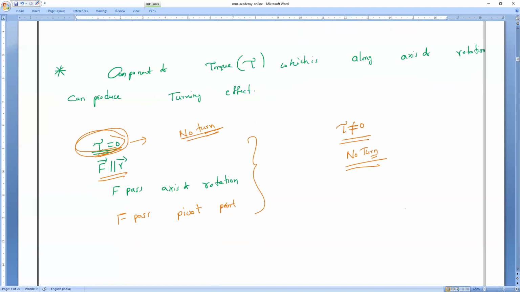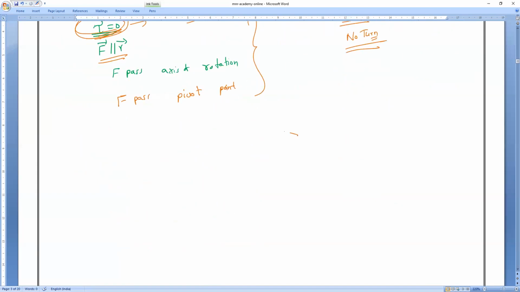For example, observe very carefully. Let me take a disk. Imagine your notebook is the disk in front of you. There is a midpoint, which we call the pivot point. The axis of rotation will always pass through this. Am I right or wrong? Will you all agree with me? So this is the axis of rotation. Now I have chosen a point P. The line from the pivot point to the particular point is called R. So let me consider this is R. Now I am applying a force exactly perpendicular to it.